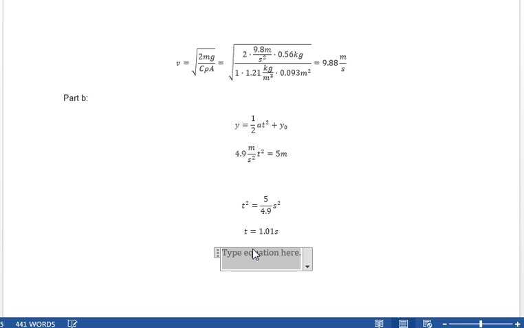Now, if we look at velocity, v y equals at, and there is no initial velocity, so that second term is 0. Vy equals at equals minus 9.8 meters per second squared times this time, 1.01 seconds.